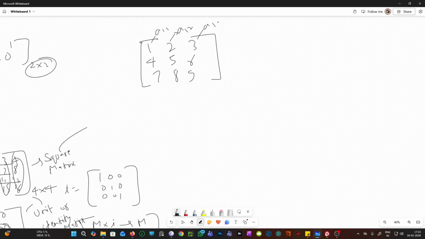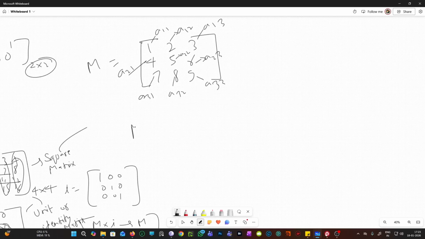And let's call it A13, and similarly let's call this A21 because it's in the second row and first column. And this one will be A22, second row, second column. This one will be A23, second row, third column. This one will be A31 because it's in the third row and first column. Let's call it A32, and this one will be A33. Okay. So let's call this matrix M, right?